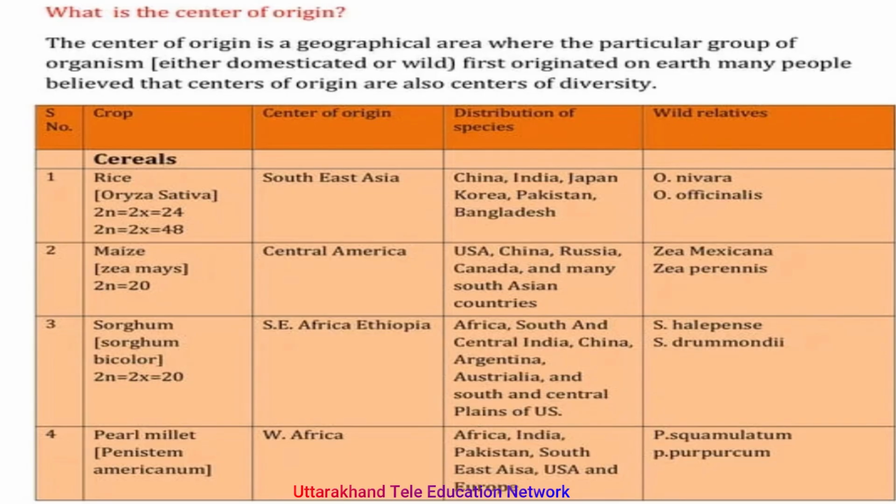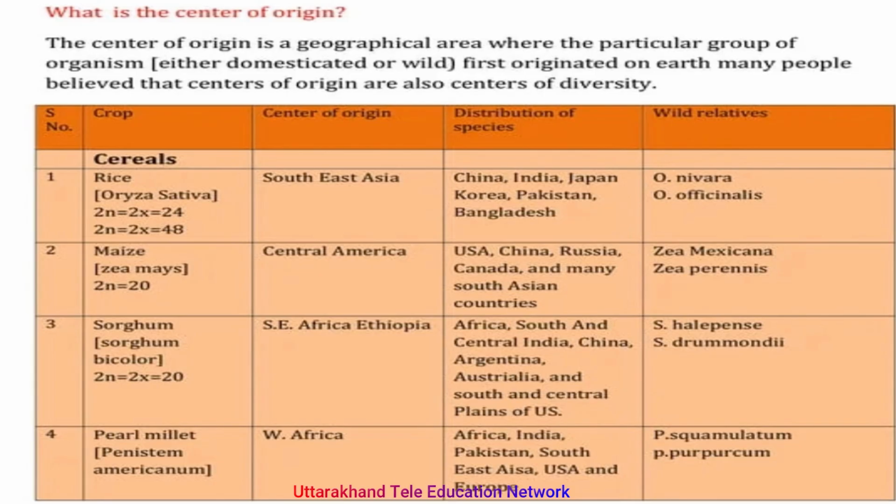Center of origin for rice is Southeast Asia, and distribution of species are China, India, Japan, Korea, Pakistan, and Bangladesh. Wild relatives are Oryza nivara and Oryza officinalis. Second crop is maize, that is also known as Zea mays.